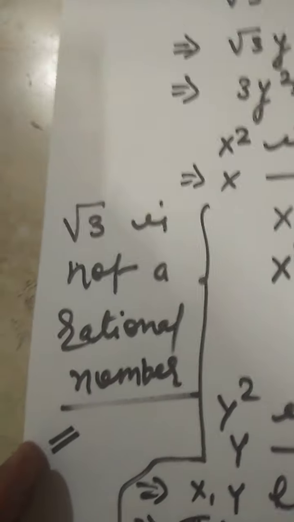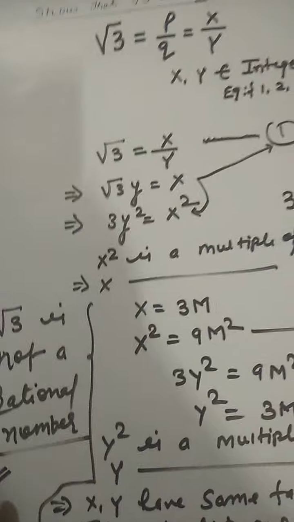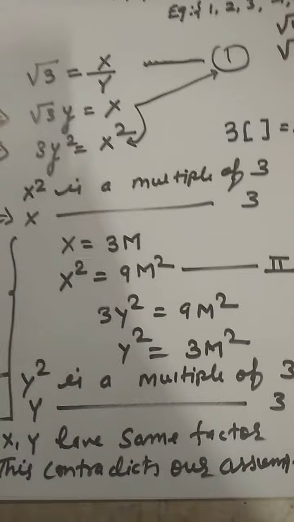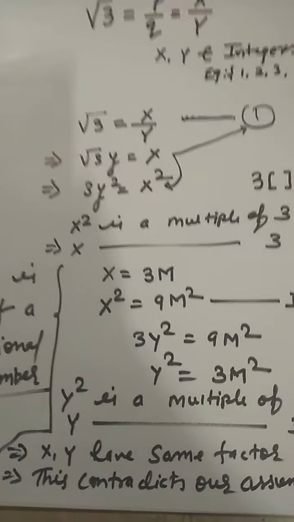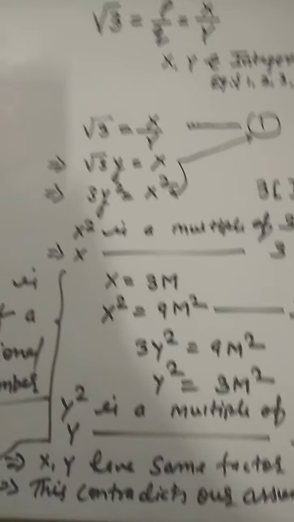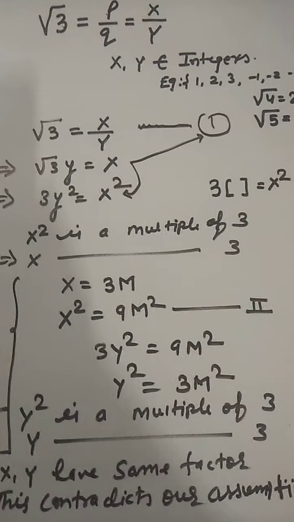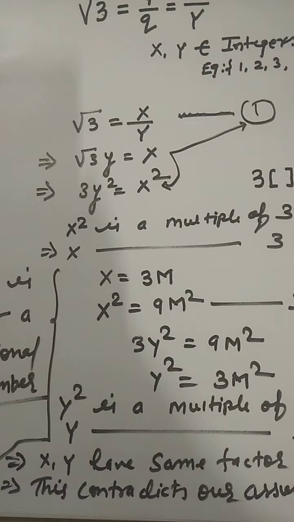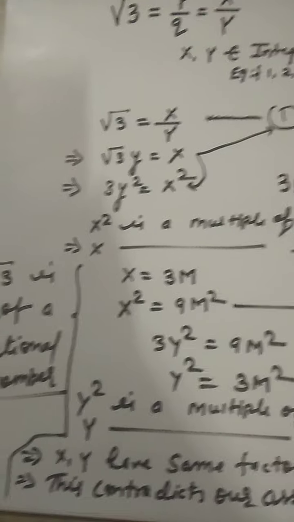So we can say root 3 is not a rational number. I hope this gives you a clear-cut solution about how to prove whether any square root is a rational number or not.